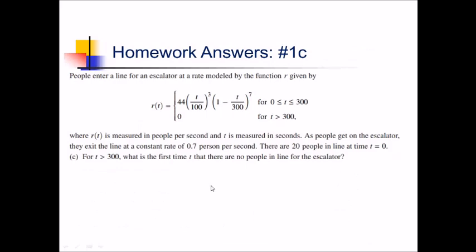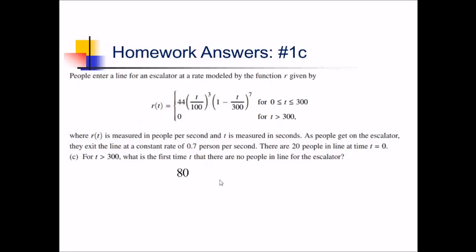For part C, this is kind of interesting. For time greater than 300, what's the first time there are no people in line for the escalator? So here's the situation. For the first 300 seconds, people are getting on the escalator according to this function up here. After 300 seconds, nobody is getting on the escalator, but we still have 0.7 persons per second getting off the escalator. So we're starting with 80 people at time 300, and from that we're going to subtract something with this 0.7 in it.